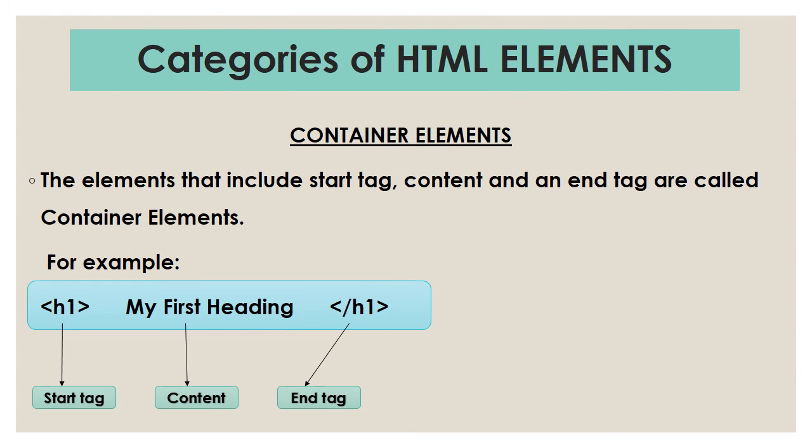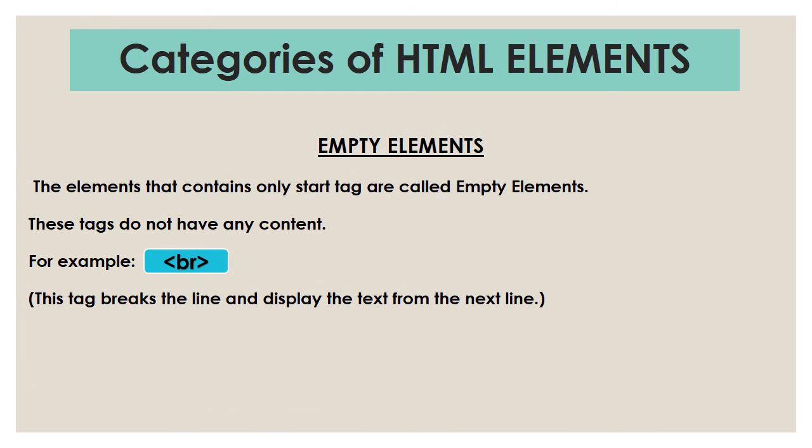HTML elements can be divided into two categories: container elements and empty elements. Container elements are the elements that include a start tag, the content, and an end tag. As you can see in this example, h1 is the start tag, then the content, My First Heading, then we have the end tag, that is /h1.